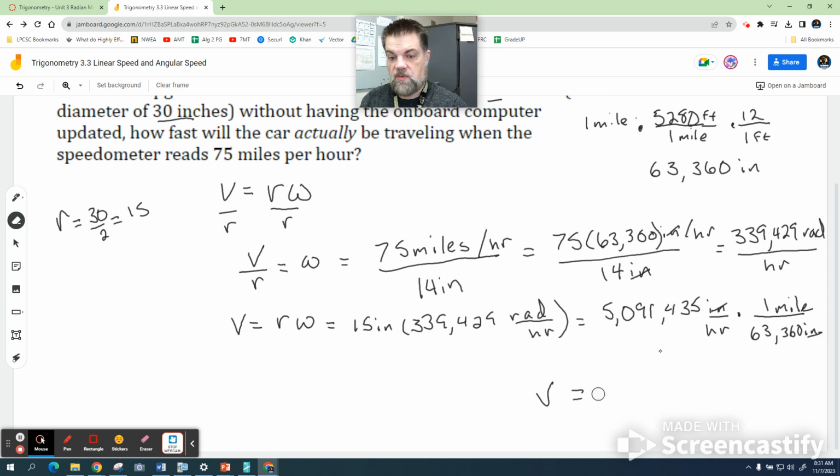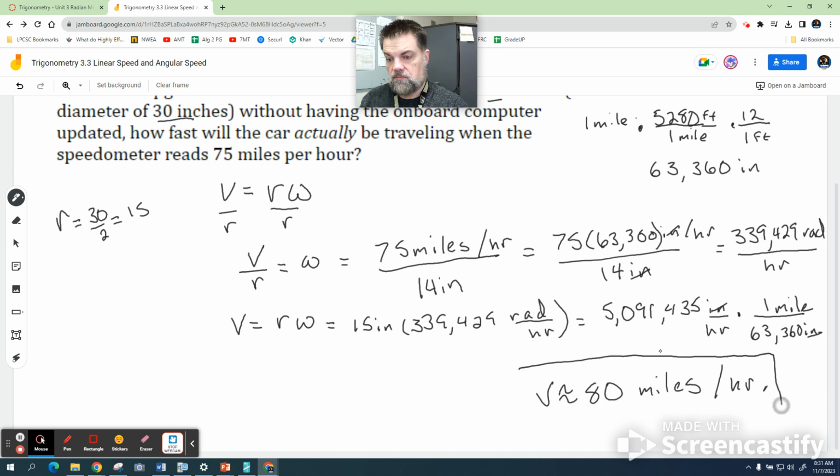So let's do the approximation. So by changing the size of the tires by 2 inches changes the linear speed by 5 miles per hour. That's why they want you to come in and update the software, because the software does all this math. Okay? Any questions on that one? Let me zoom out so you guys could see it.